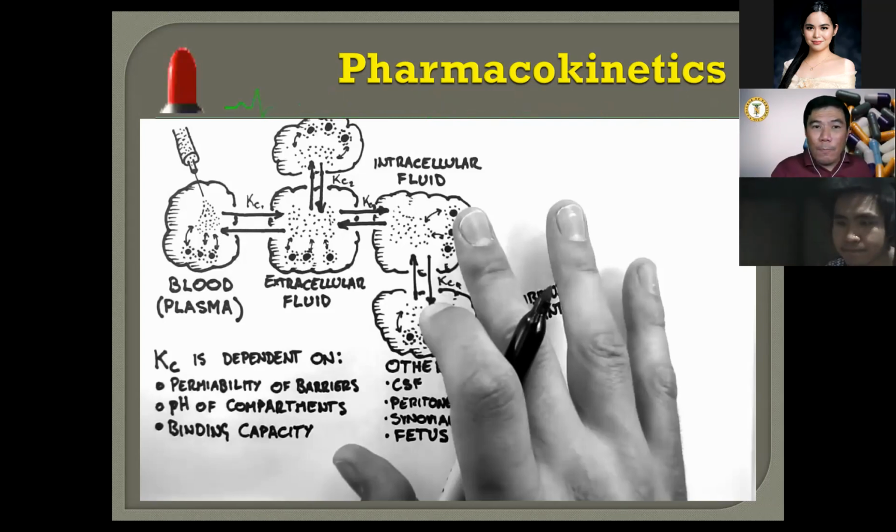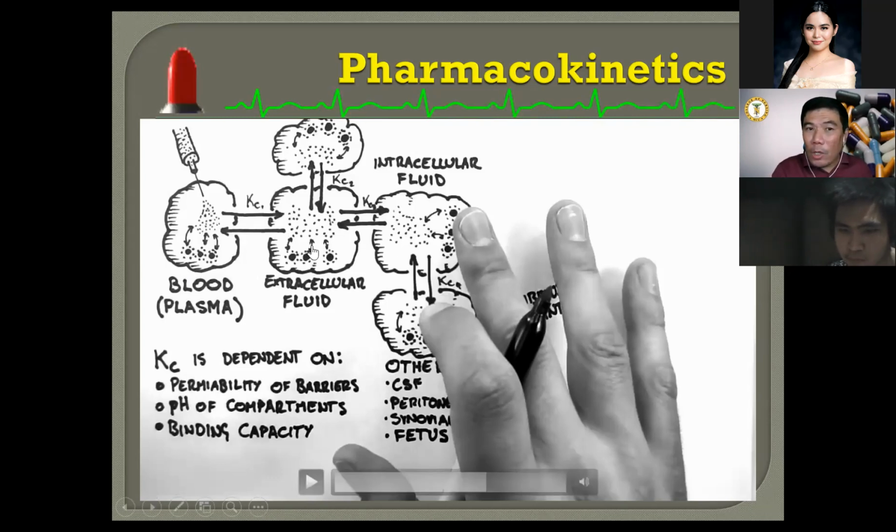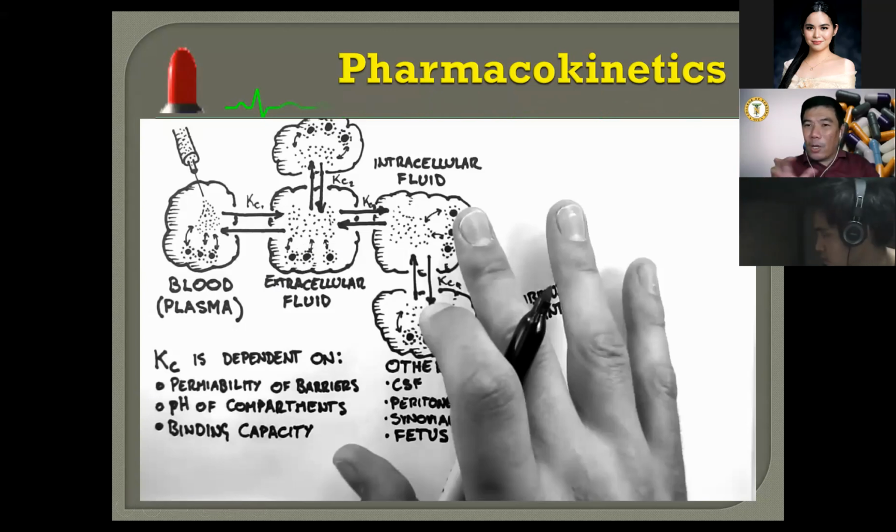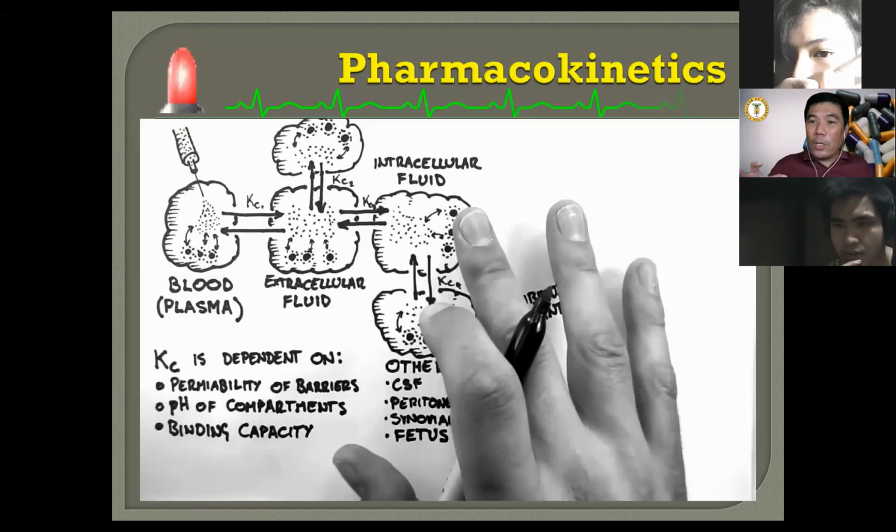So eventually, if for example in the extracellular there's increased sodium, do you think the breakdown of the chemical properties will break down prematurely because of hypermetabolic response? Yes or no? Because of too much response of the sodium in that compartment, will it cause premature breakdown of the drug property? Yes or no? Yes po. Yes.